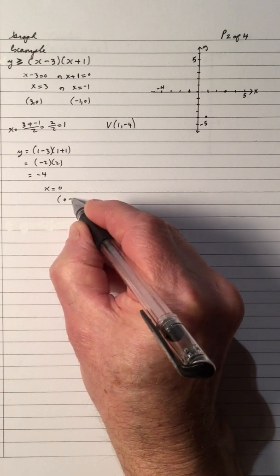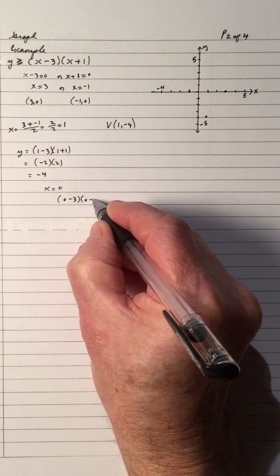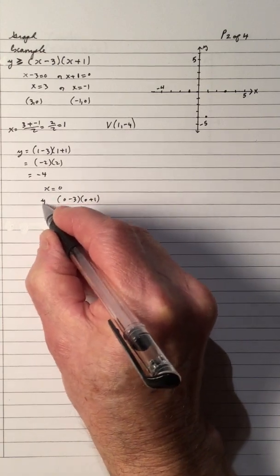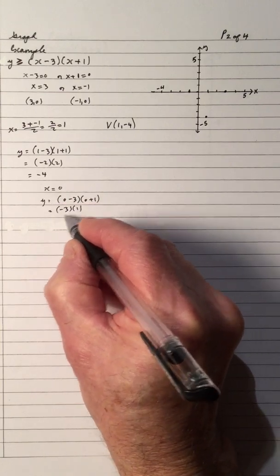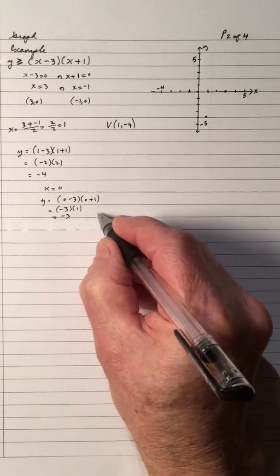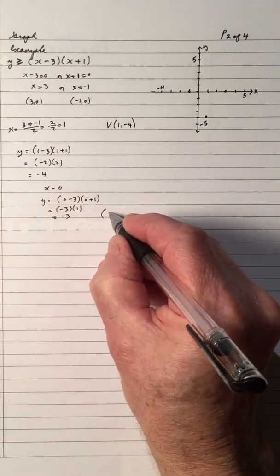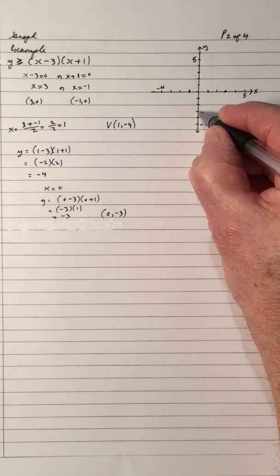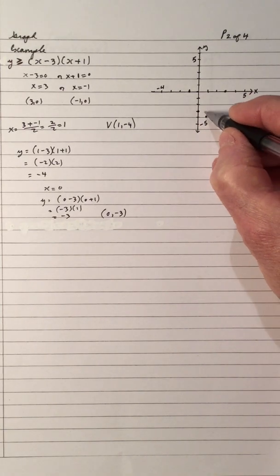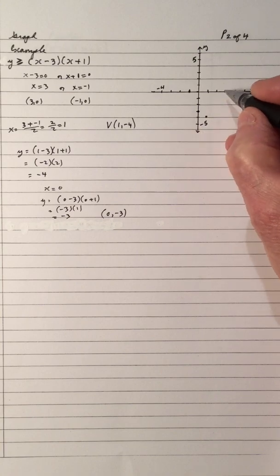So you go 0 minus 3, 0 plus 1, and you get negative 3 and 1. When you multiply, the y-intercept, x is 0, y is negative 3. That would be right there. But again, we didn't need to.